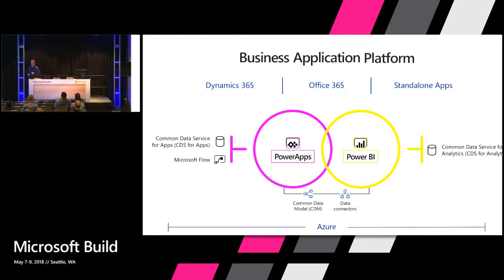Okay? Now, that decision was executed in November of last year. In January, we opened the private preview of the Common Data Service for Apps. By late January, by March, we were opening it up for general consumption, and it's GA now. You have it now.